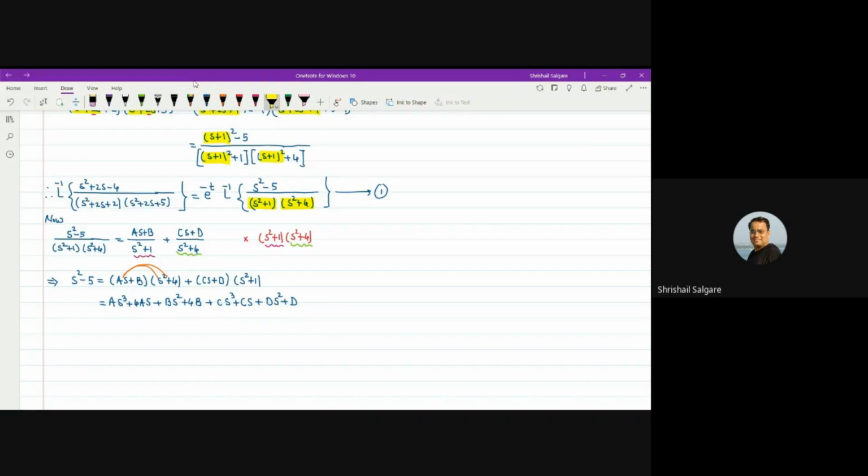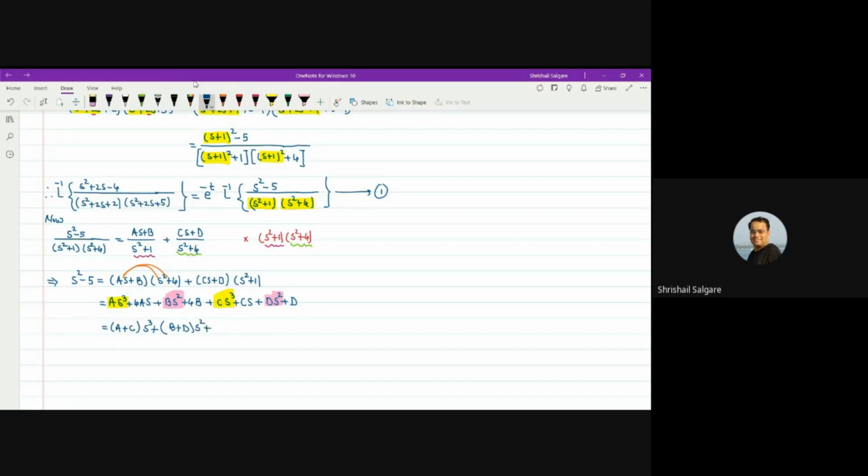Now I highlight it. Take the s cube terms together, and from that I will take s cube as common. So this can be written as a plus b into s cube, plus next take the s square terms together. Sir, a plus c. Yes, it is a plus c into s cube, and here I think b plus d, right? Yes, sir, d s square.